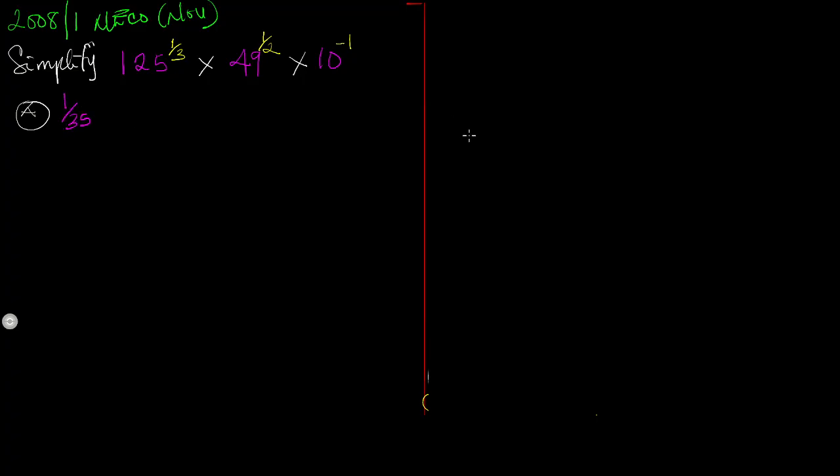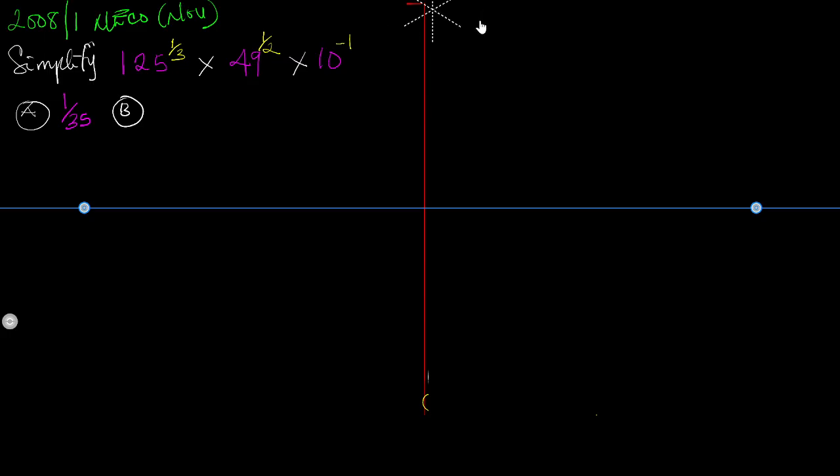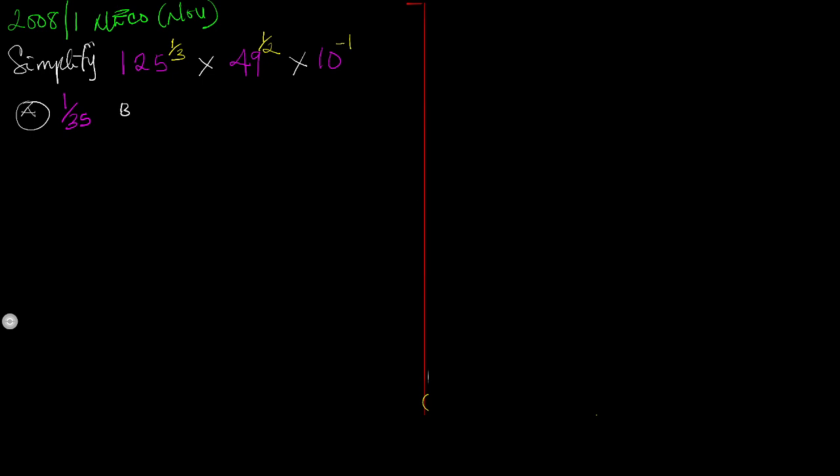Option B is 2 over 35. Option C is 1 over 14.